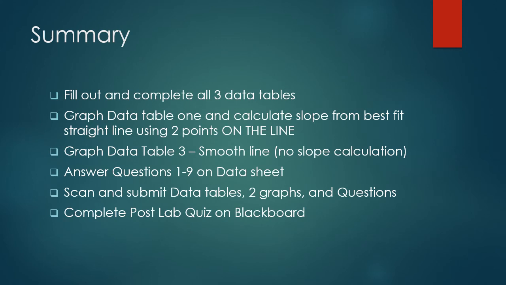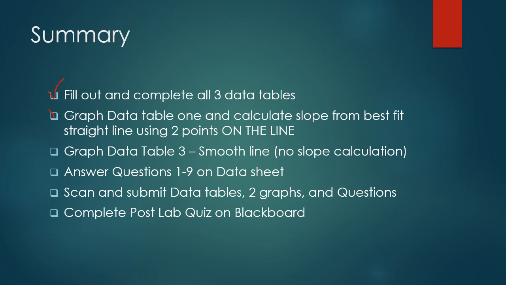So in summary, it's just a checklist to make sure that you have everything done. You need to fill out and complete all 3 data tables using the pictures and videos provided and doing calculations if necessary. Then you're going to graph data table 1, the bounce distance or drop distance, versus average bounce distance.